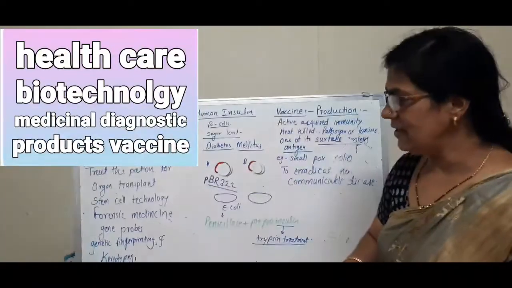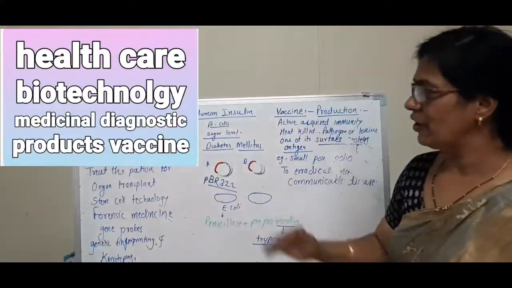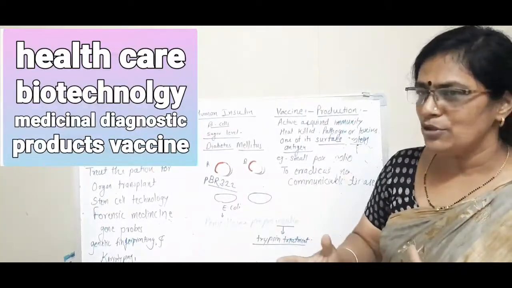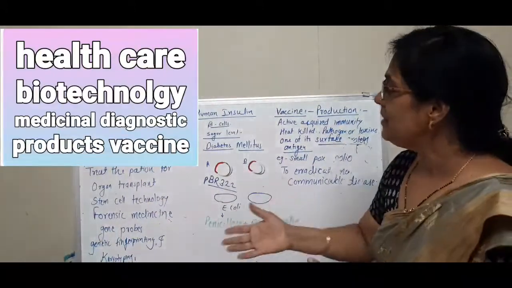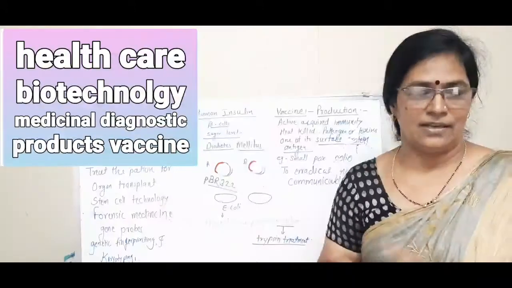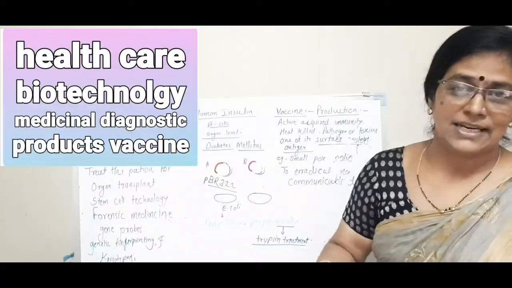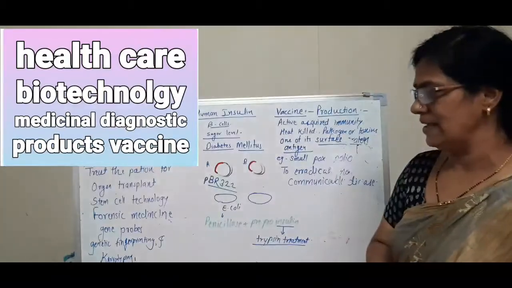In this field, the patient is treated for organ transplant. Whenever there is damage to an organ, the organ is transplanted. In stem cell technology and stem cell therapy, you know that stem cells are present in bone marrow, and from these stem cells the lymphocytes and the immune system develop.